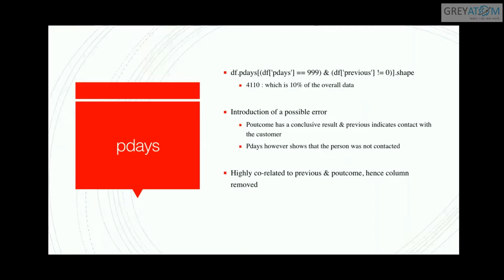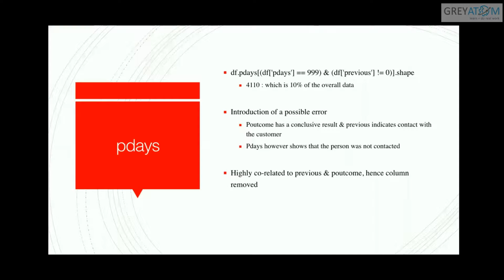As part of the EDA, we came across a data discrepancy with this column called pdays. Pdays is the number of days since the client was last contacted. A value of 999 means the client has not been contacted at all, and previous means how many times the client has been contacted.